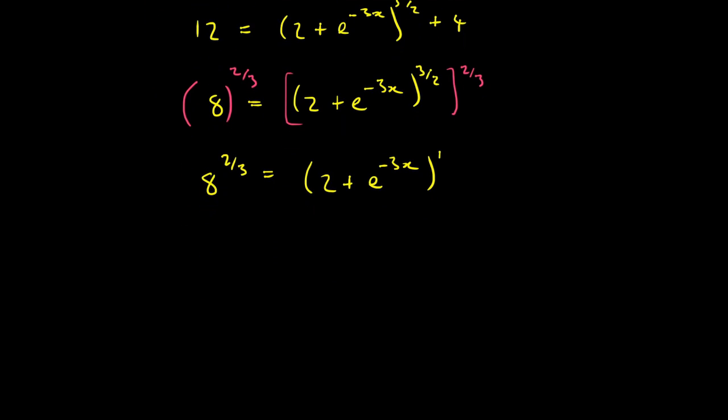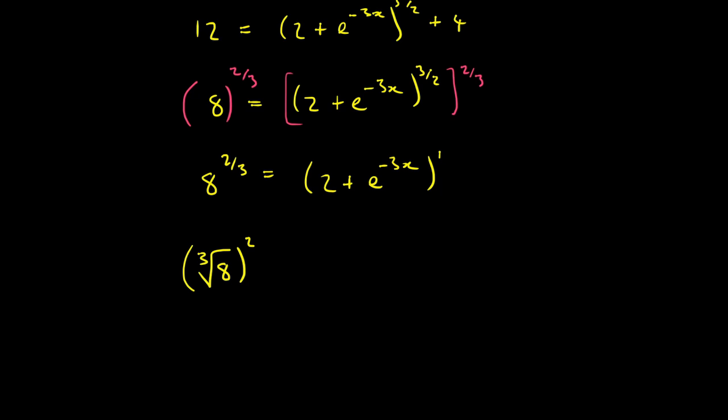Okay, what does 8 to the power of 2/3 actually mean? Well, when you've got a fraction as a power, the denominator is always telling you the root. So this is the cube root of 8. And what's this 2 on the numerator? Well, it's going to be that thing, but all squared. So what this means is we've got the cube root of 8, and then we've got that thing squared.